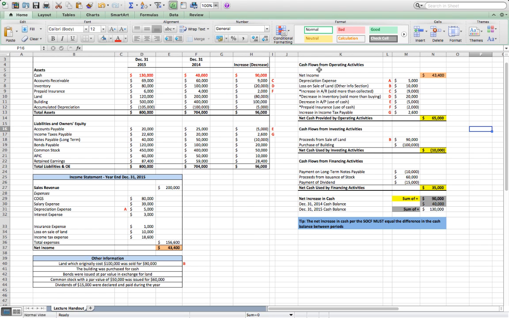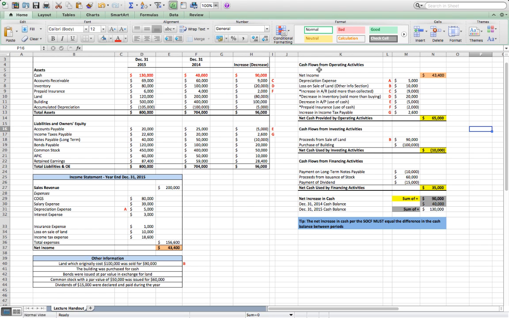If you owed someone $100, you have a payable of $100. If that payable goes down to $80, the only way that it went down to $80 is that you paid $20 to the person you owed the money to. So that would represent cash out.